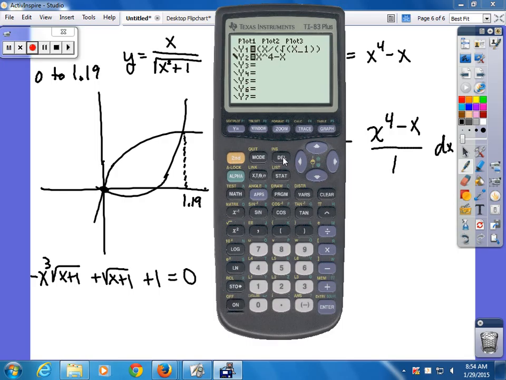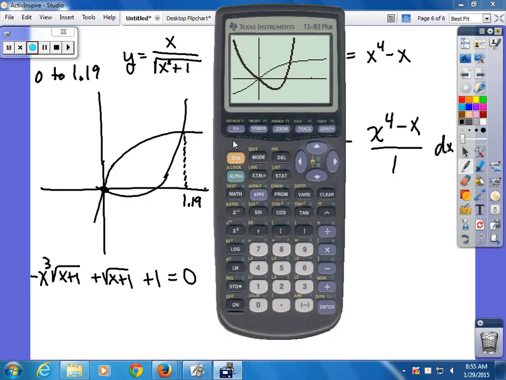Second insert, second, x squared plus 1. Is it plus 1? I think 1.18 is still the intersection point.